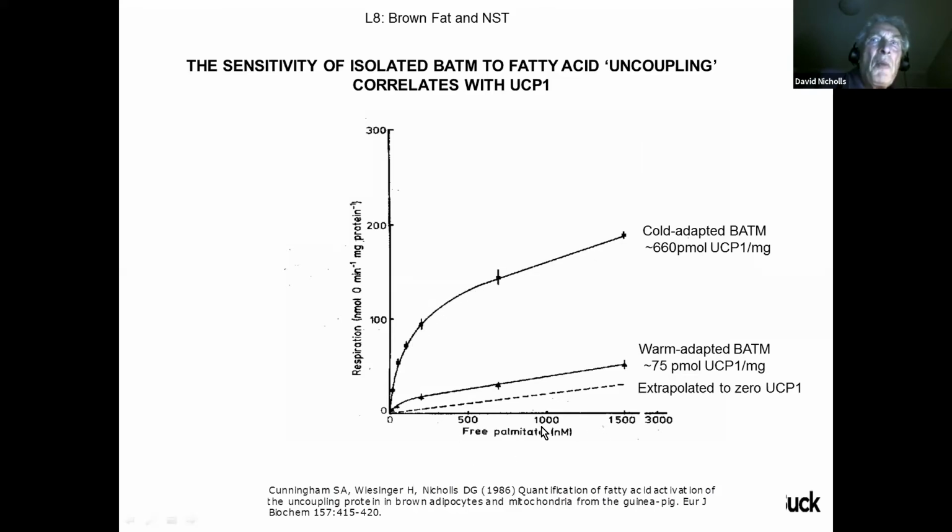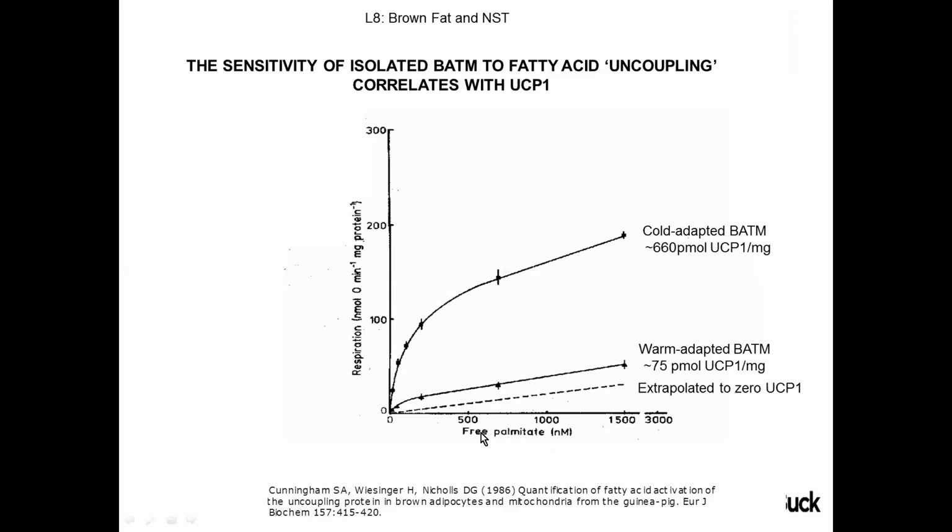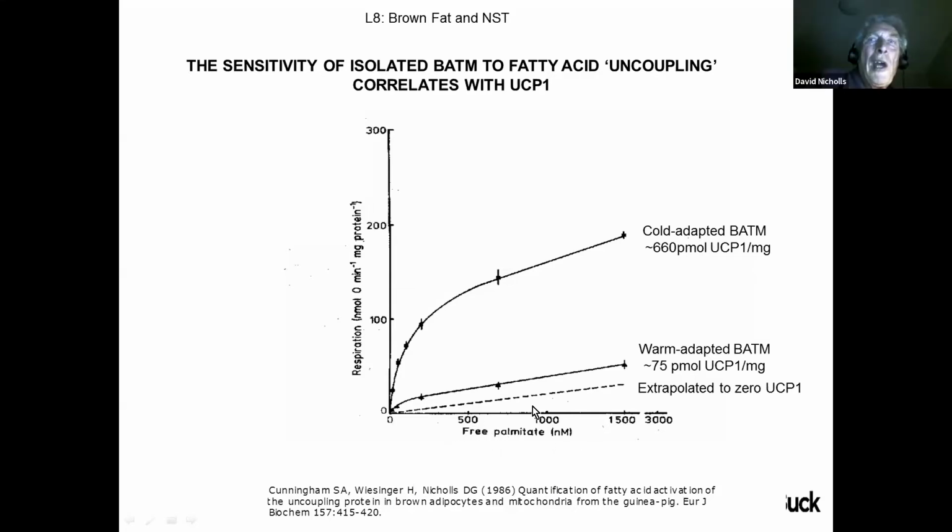This is nanomolar free palmitate. This is palmitate buffers equilibrated with albumin. So we are way below 1 micromolar here. That's the cold adapted mitochondria. The warm adapted mitochondria, which have roughly 1/10 as much uncoupling protein, behave like this. And if you extrapolate to 0 uncoupling protein, you get this response there.